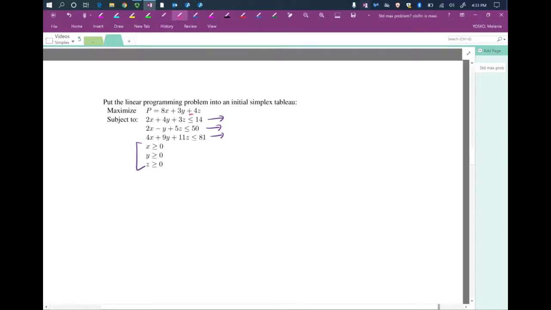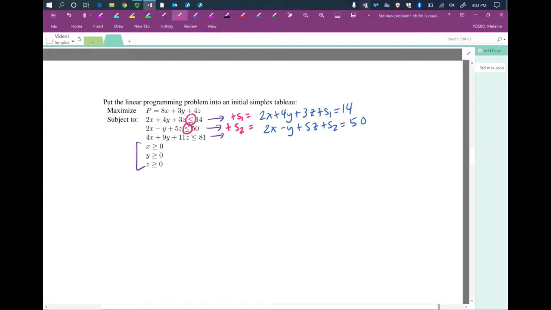So we're replacing this inequality with plus s1 equals. So we get 2x plus 4y plus 3z plus s1 equals 14. We're going to replace this inequality with a new slack variable, a different one. So we get 2x minus y plus 5z plus s2 equals 50.